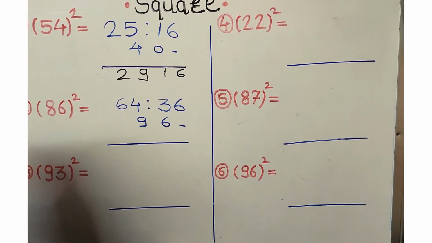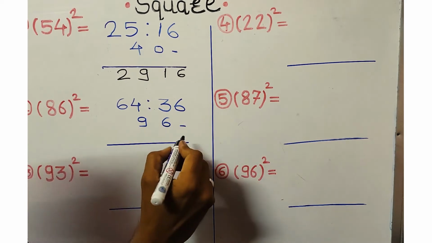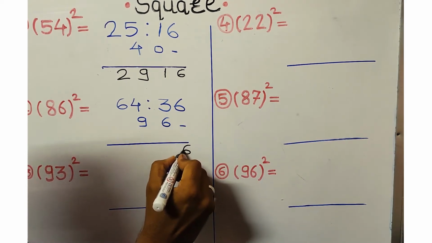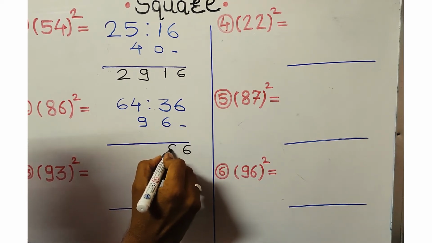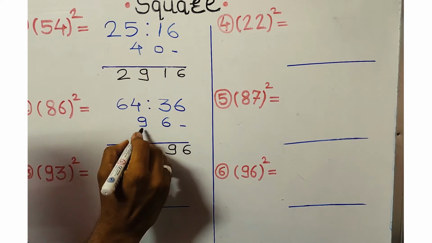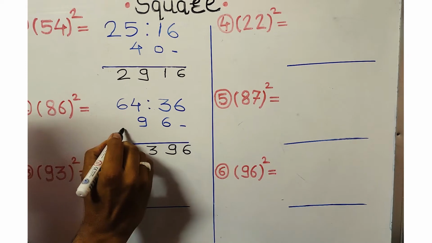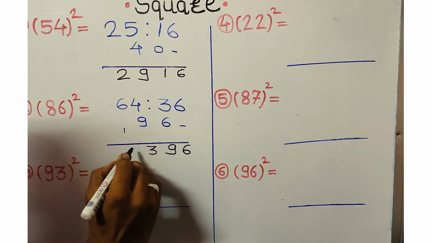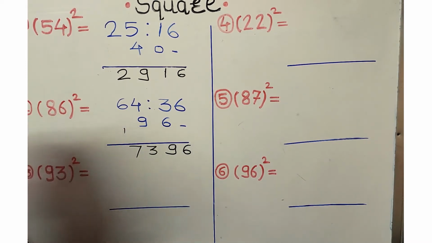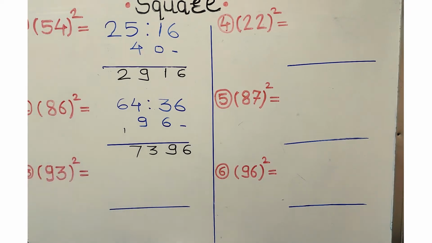And after that, adding: 6, 3 plus 6 is 9, 9 plus 4 is 13, 1 carry, 1 plus 6 is 7. So the square of 86 is 7396.